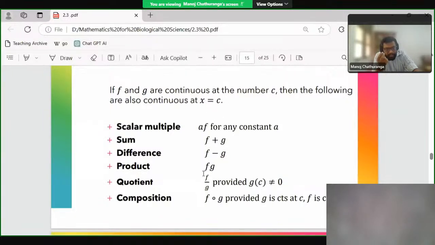In that case, you can add the functions and make a new function, and that summation is also continuous. Differences, product, quotient, as long as the limit of the denominator is non-zero, composition, scalar multiples, all these are continuous functions.